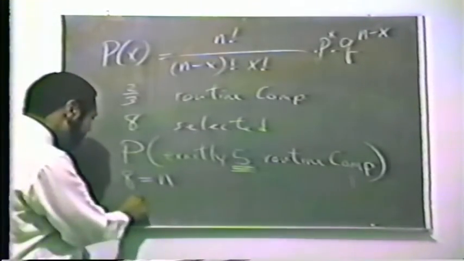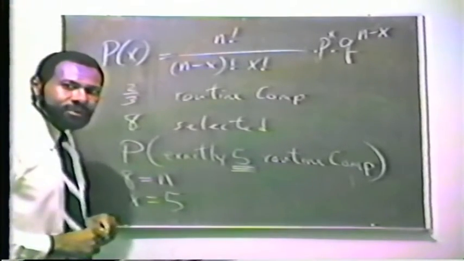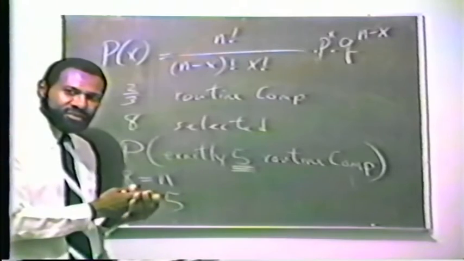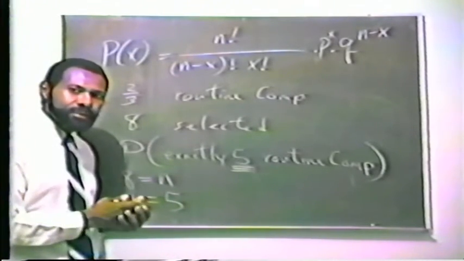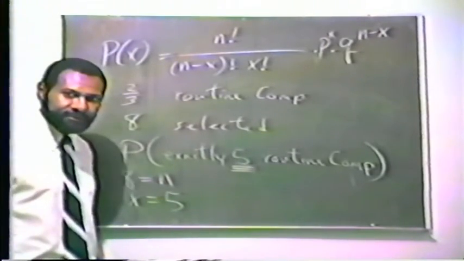So that means that our X here will be equal to 5, the number of successes that we want to find the probability of.